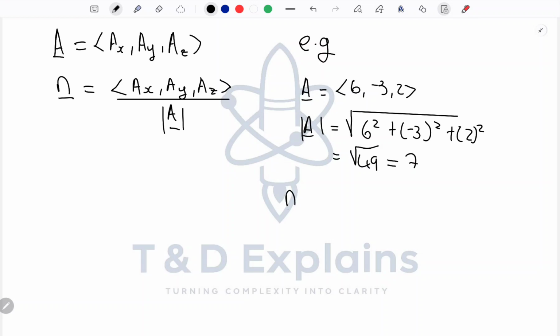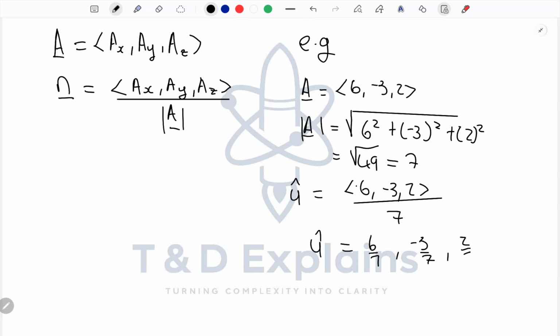So the unit vector n, or sometimes other people call it u, I think it's better to call it u and put a hat just to show that it's a unit vector, is 6 comma negative 3 comma 2 divided by 7. So your final answer is 6 over 7 comma negative 3 over 7 comma 2 over 7.